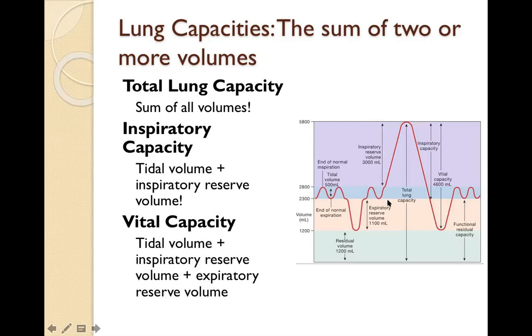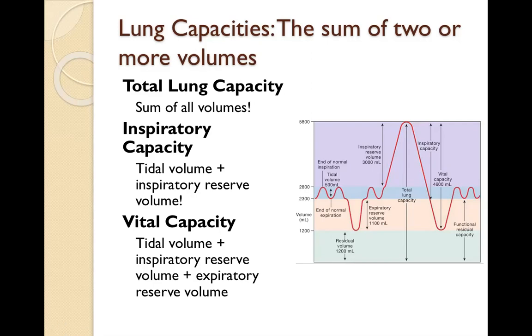Another capacity that is important is something called the vital capacity. The vital capacity is exactly the same as our total lung capacity, except we don't include the residual volume. The vital capacity is everything that we can possibly inspire plus everything that we can possibly expire. That is vital capacity.